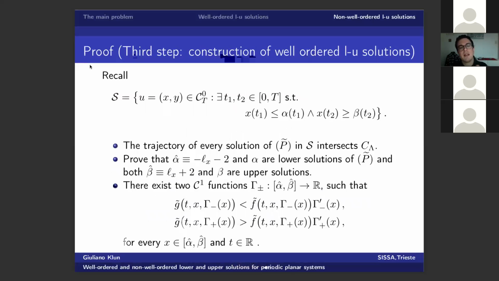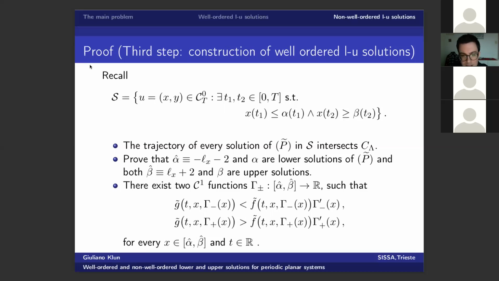So, recalling the definition of the zones of the strip S, every solution of P tilde intersects C lambda. And we are able to prove that the two pairs, alpha hat and beta hat constant functions, and alpha and beta, are pairs of lower and upper solutions of P tilde, and we can prove after that these are well-ordered lower and upper solutions for the problem.